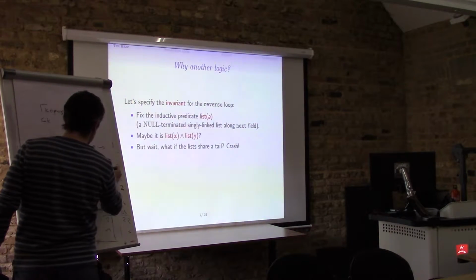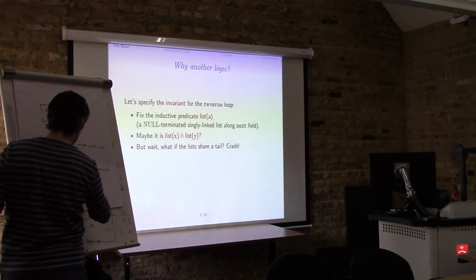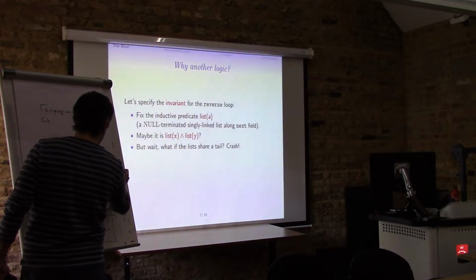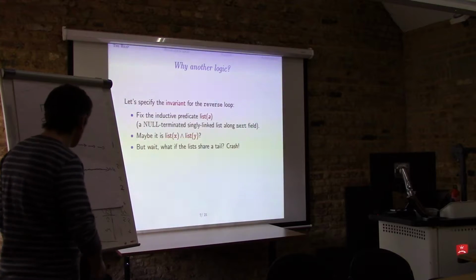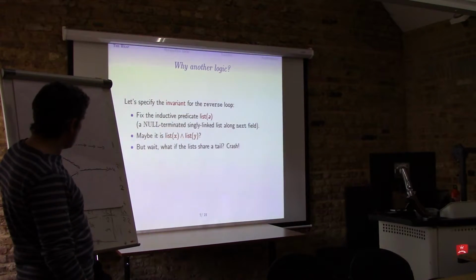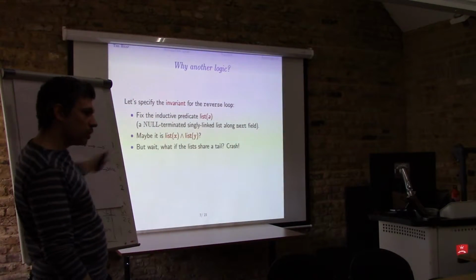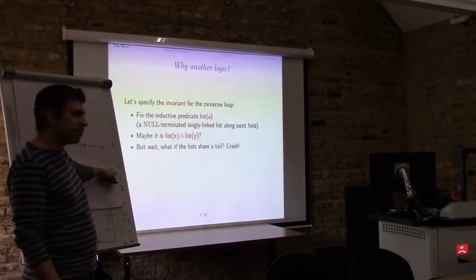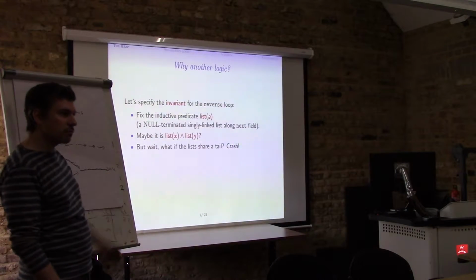And I'm using these arrows as a kind of transitive closure. So here we have X, here we have Y, here we have null. This model, this program state, will still satisfy the statement that in X we have a list and in Y we have a list, right?